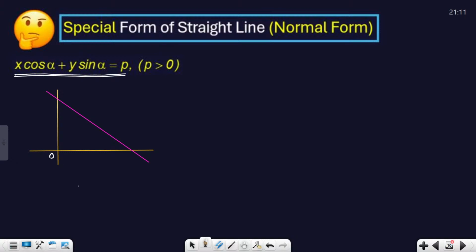This is my origin O. Now from O, I am drawing a line which is perpendicular on this purple line.